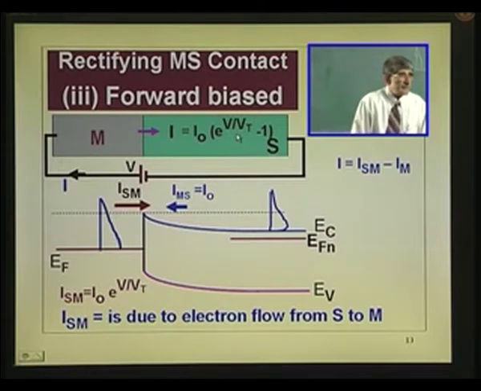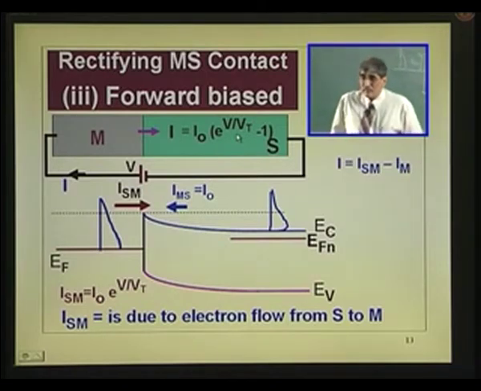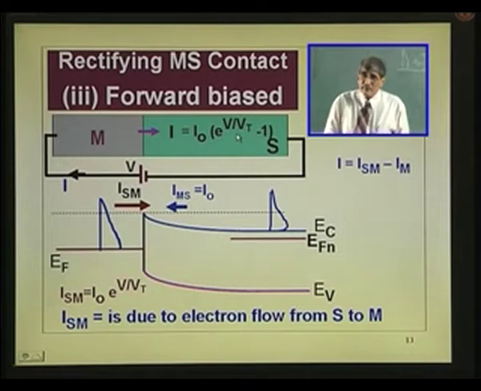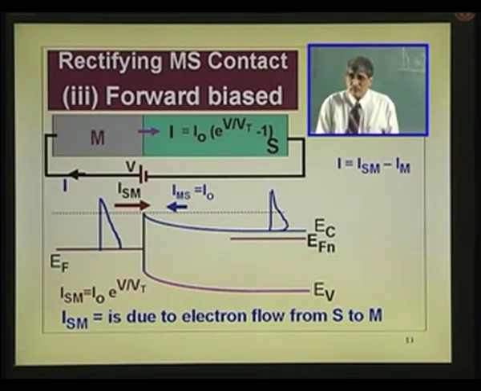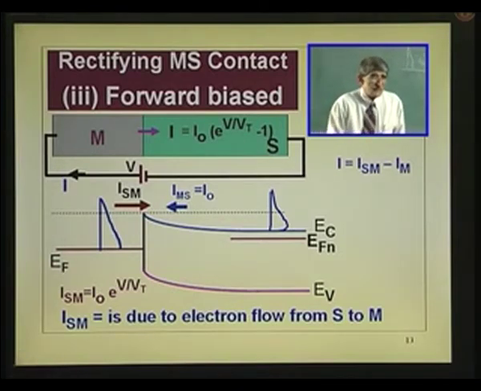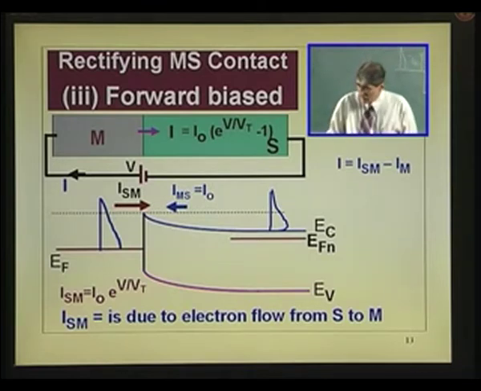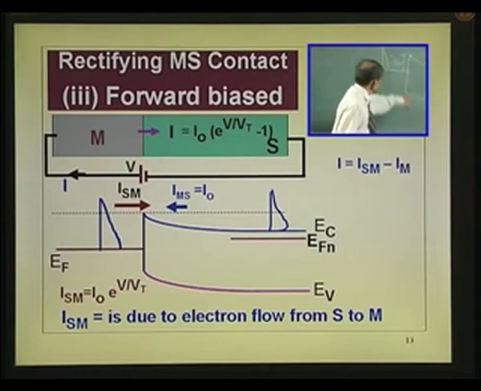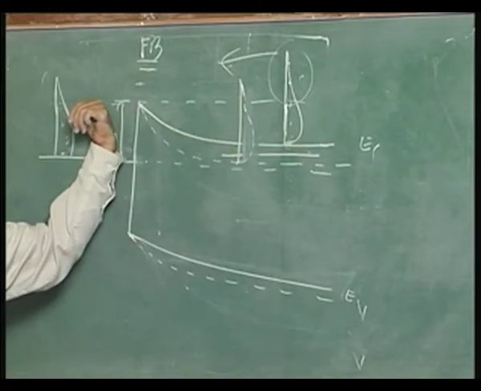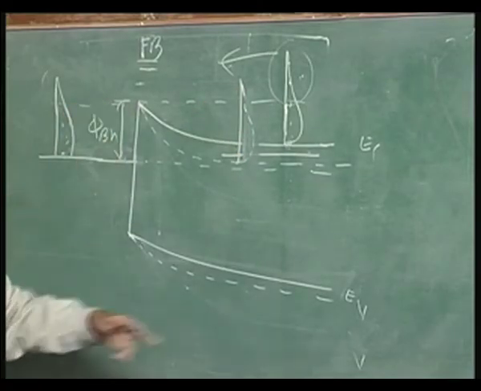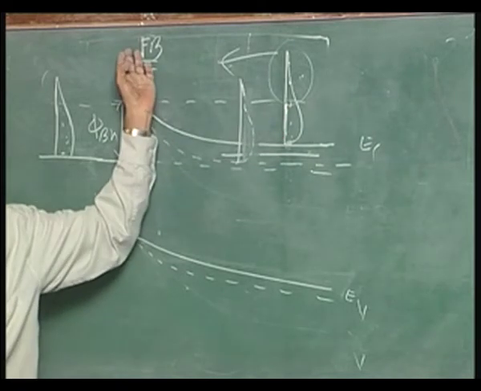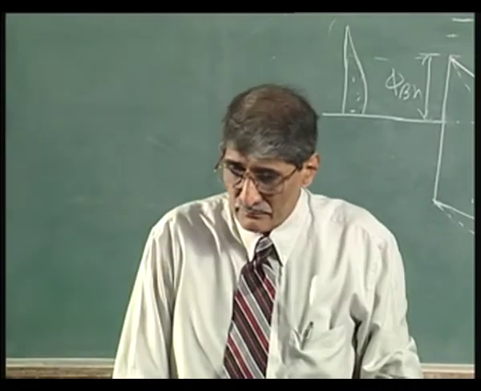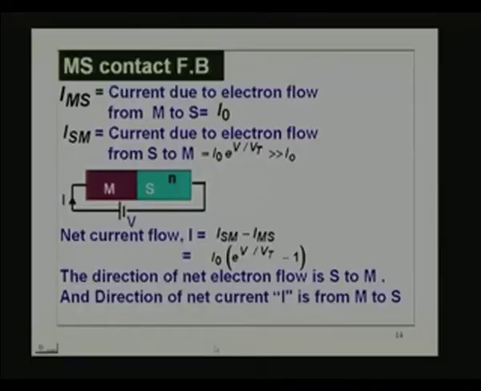But the I naught that we are talking of in the case of metal semiconductor contact will be different in magnitude compared to the I naught of the p-n junction. That makes all the difference. So, you can see that reverse bias blocks the current, controlled by I naught. Forward bias allows the current to flow because a lot of electrons are available to cross. Okay. Now, let us see.